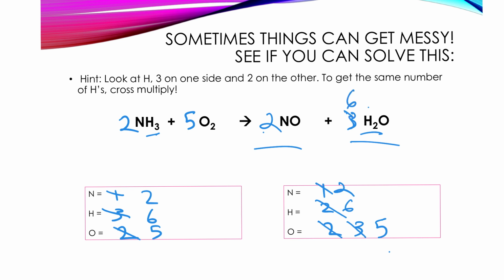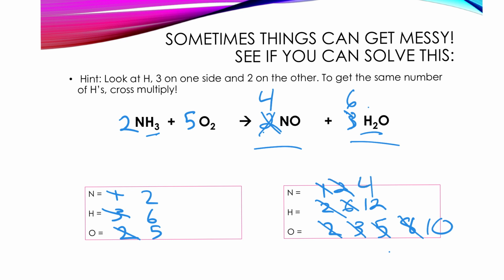And so if we make it a 6 here, that gets us 12 hydrogens and a total of 8 oxygens. Now, that still doesn't work, so let's make this a 4. So that has a total of 10 oxygens, but it has 4 nitrogens.